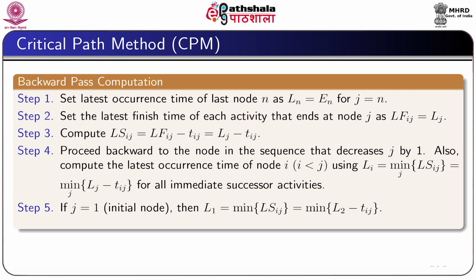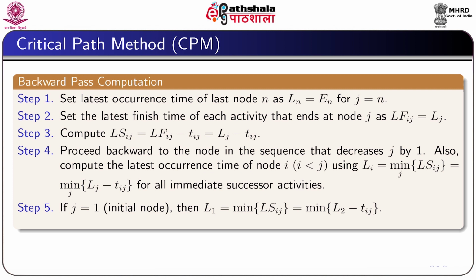Then proceed backward to the node in the sequence that decreases j by 1 and also compute the latest occurrence time of node i, where i is less than j, by using the formula Li equal to a minimum over j of LSij, which is equal to minimum over j of Lj minus tij for all immediate successor activities.